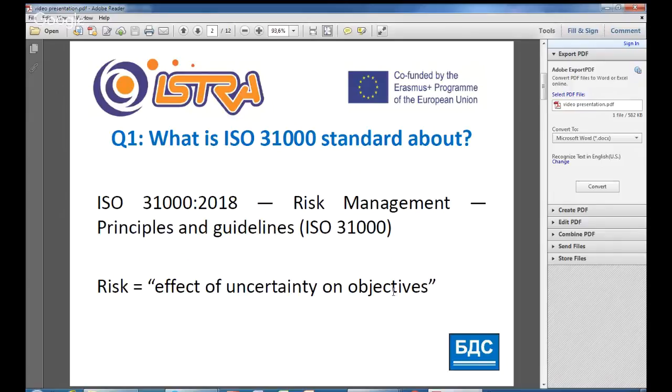The standard is applicable to all organizations, regardless of type, size, activities, and location, and it covers all types of risk. It is intended for use by anyone who manages risks and not just professional risk managers.